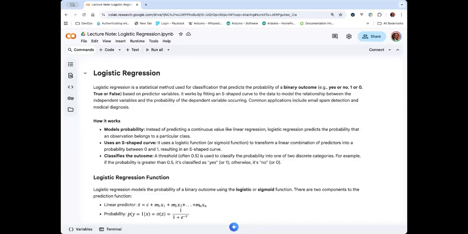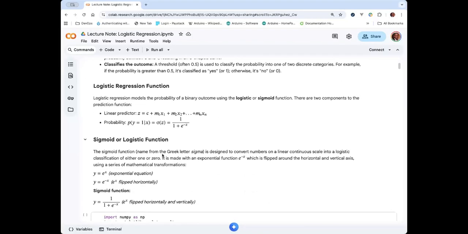So once the probability is greater than that threshold, which is 0.5, then classify it as the positive outcome, yes or one or true. And if it is below 0.5, we classify it as the negative outcome, which is zero or no or false.